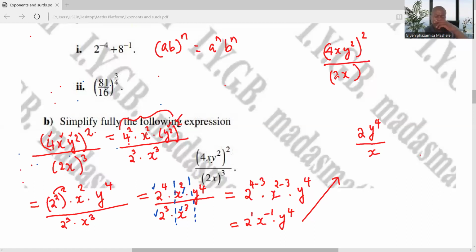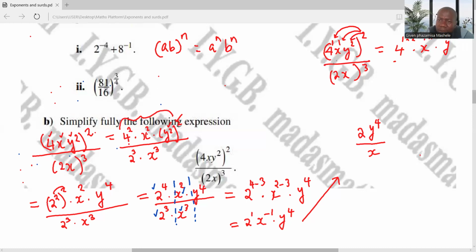To avoid expanding this expression, since 4 is a power of 1 and x is a power of 1, what we can do is just multiply the 1 by 2. So this will be 4 raised to the power 1 times 2, times x raised to the power 1 times 2, times y squared to the power 2 times 2.